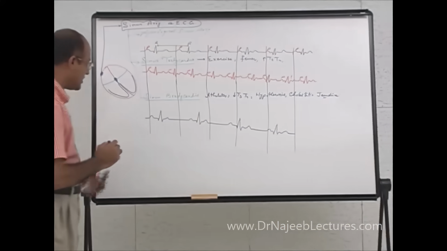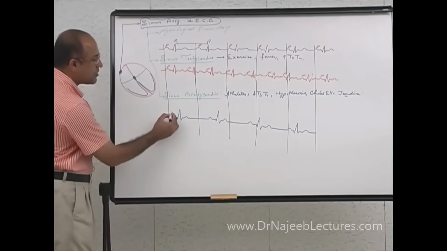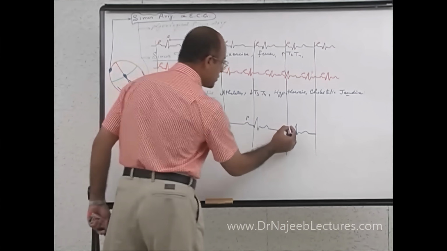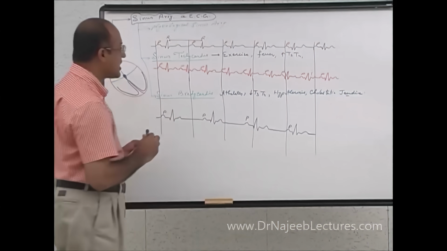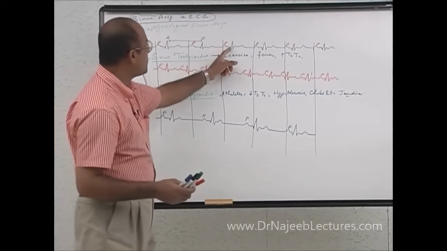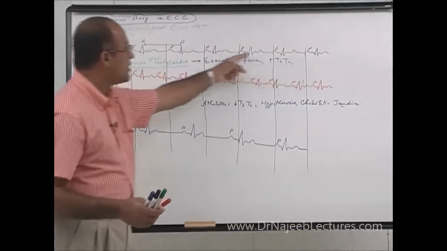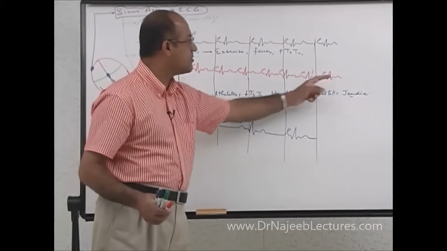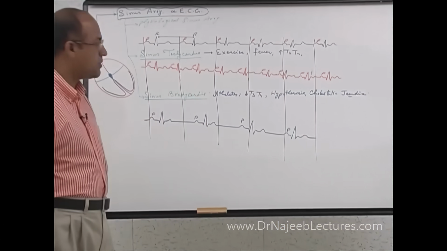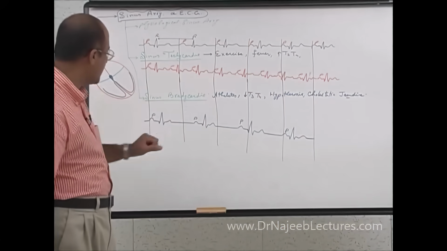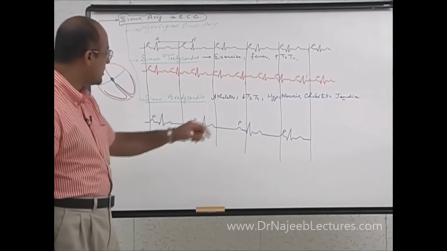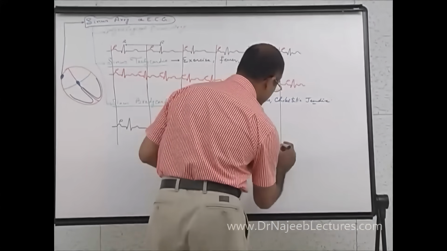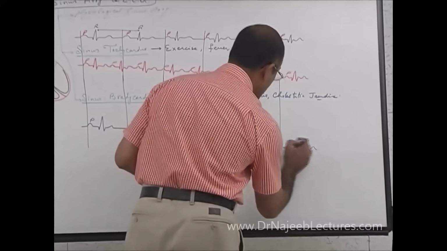Now what we really see is that here P waves are appearing with lesser frequency. In the same given time in which the normal person was producing 6 P waves, the person with tachycardia during the same time was producing how many P waves? 9 P waves, and this person during the same time is producing just 4 or at the maximum maybe 5 waves.